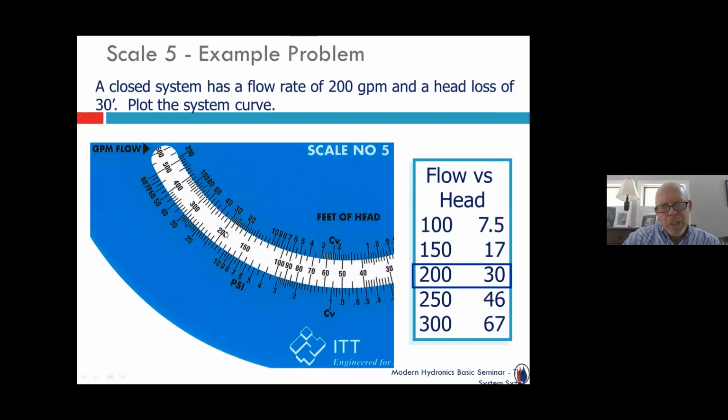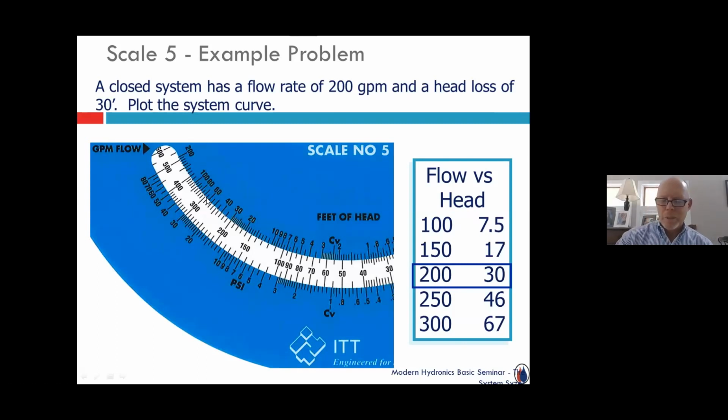What I would do is arbitrarily pick some other conditions. And again, keeping the wheel right there, I say, okay, at 100 gallons a minute, 7.5 feet. 150, 17. 200, that's my known. 250, it's going to be almost 46 feet, and 300, and I'm arbitrarily just picking these numbers, it's about 67.